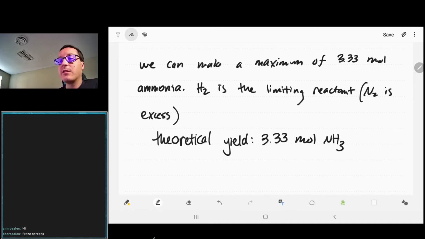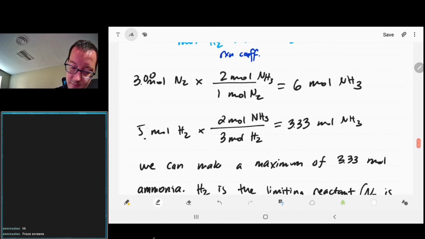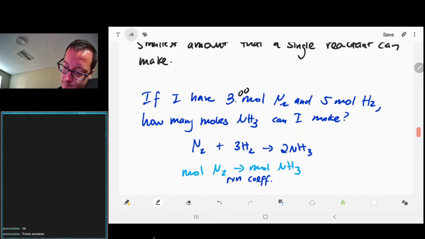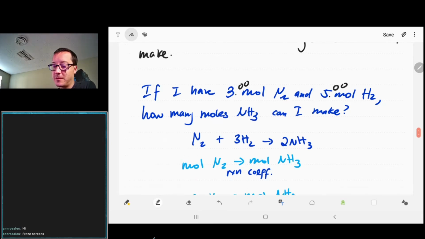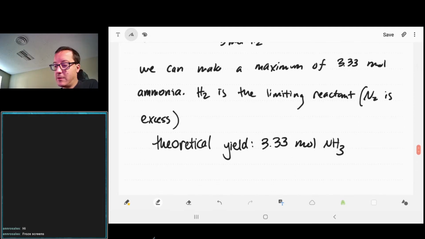I've kind of thrown sig figs out the window here, so let's fix these. There, now we're happy. So now we have 3 with more than 1 sig fig. Alright, so we will end up making only 3.33 moles of ammonia out of this.